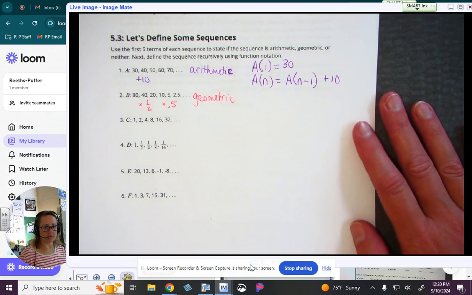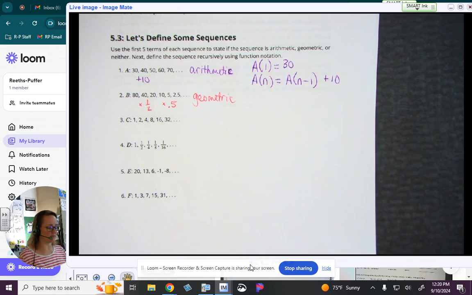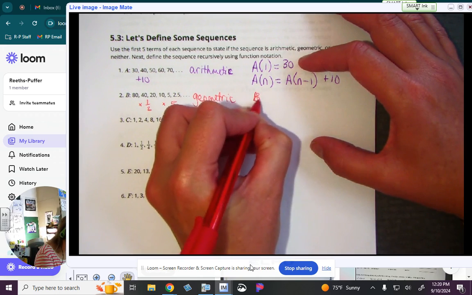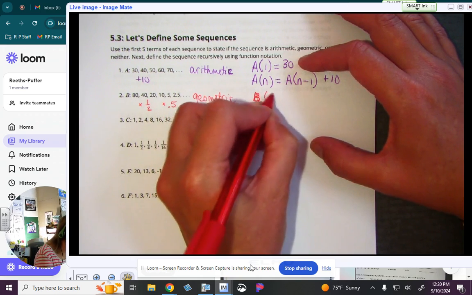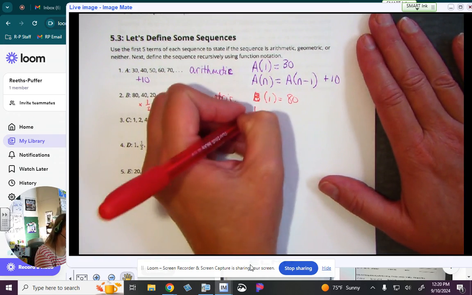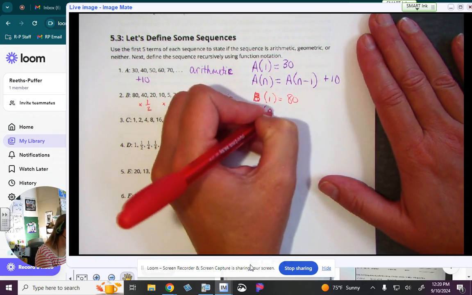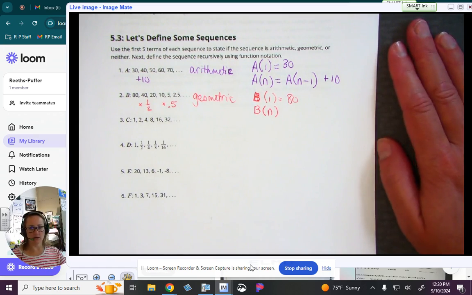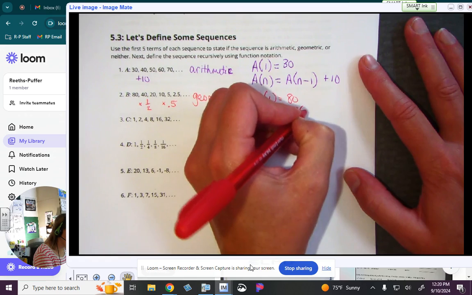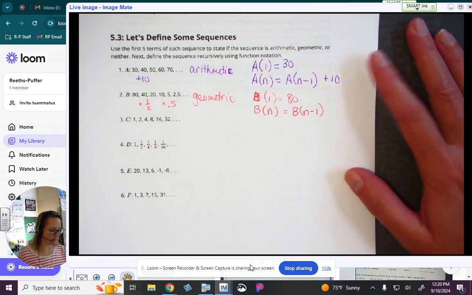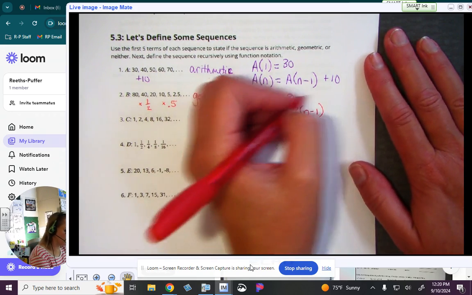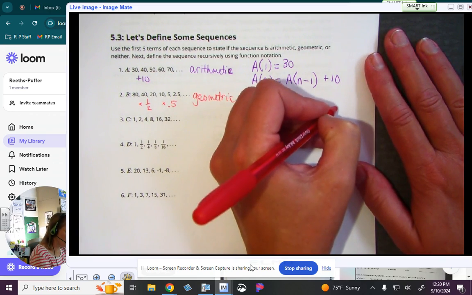And with a geometric function, we can still use recursive. We still need to know what it starts with. This is sequence B, so it starts with the number 80. And now to find every term after that, we're going to take the prior term, B of n minus 1, and multiply it by 1/2.